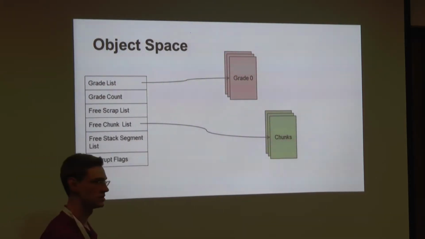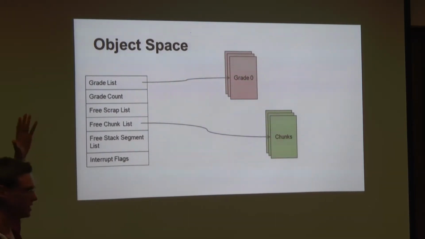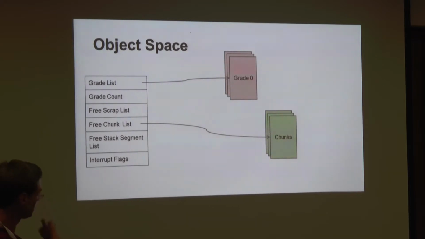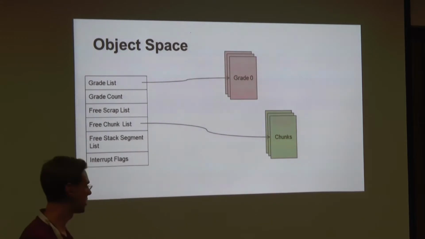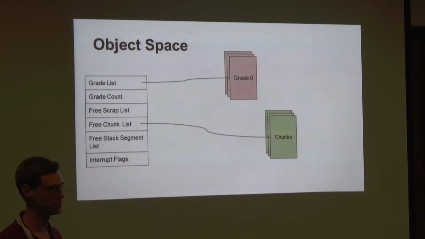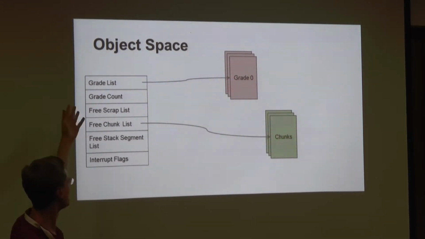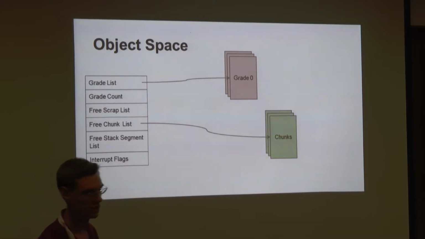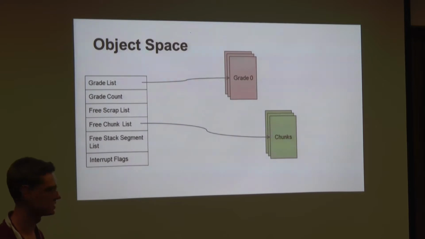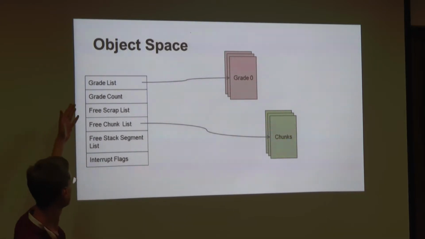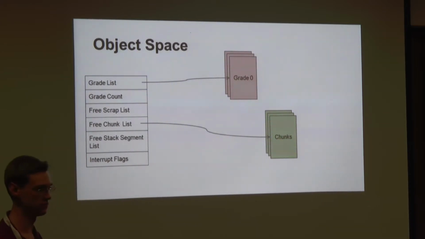The object space is defined by these variables here. It has a list of the grades, just an array, so we have 7 grades. Then a number of grades; right now it's only set to 2. This is just for metrics and statistics. And we have 3 sets of linked lists, and they act as caches.